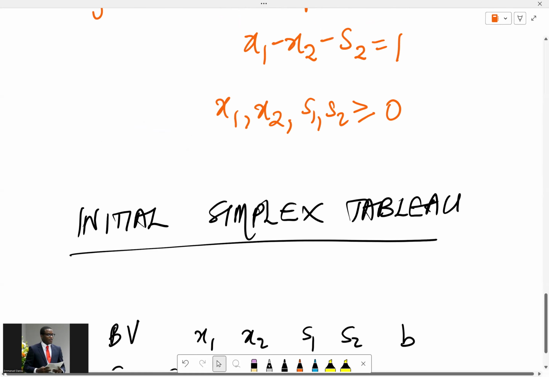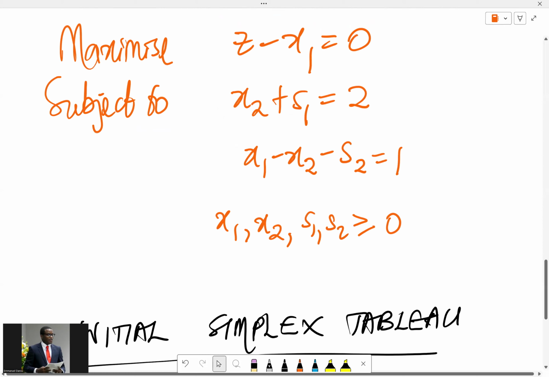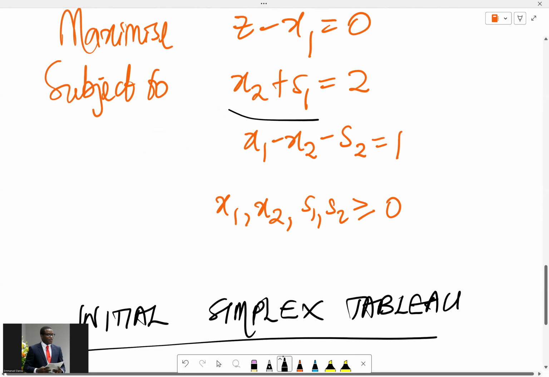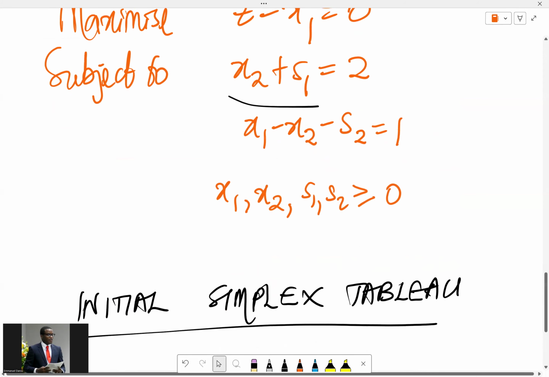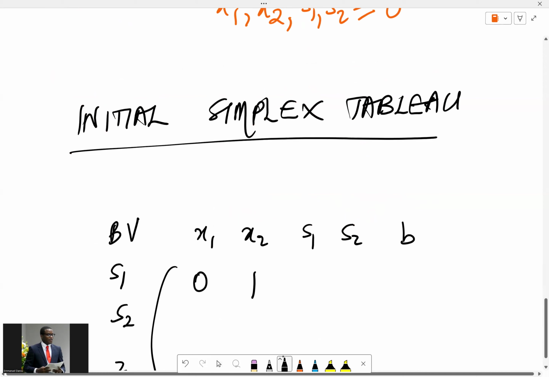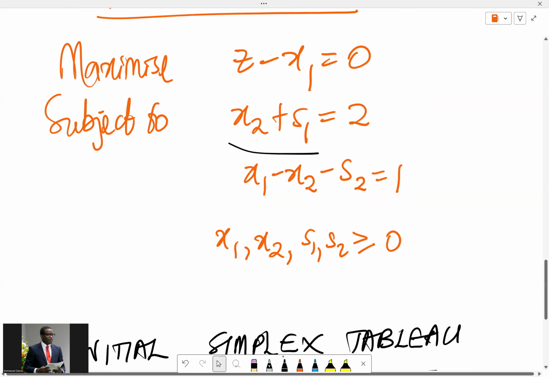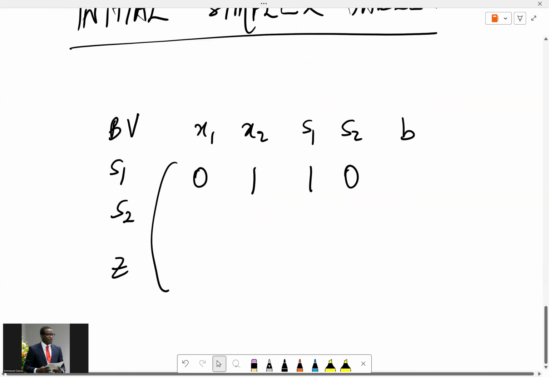For the first row, X1 has a coefficient of 0, X2 has a coefficient of 1, S1 a coefficient of 1, S2 is 0, and B is the right-hand side, which is 2.